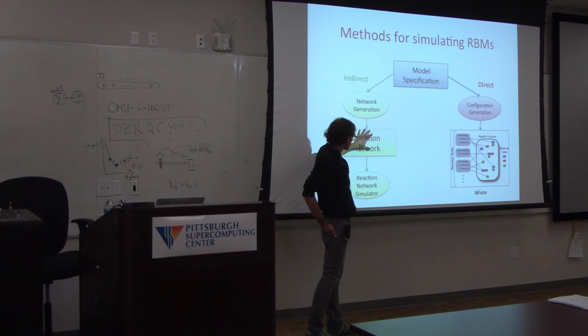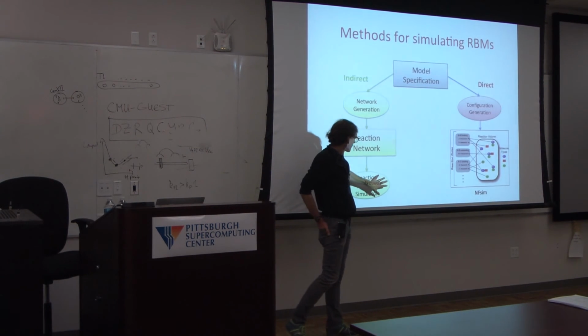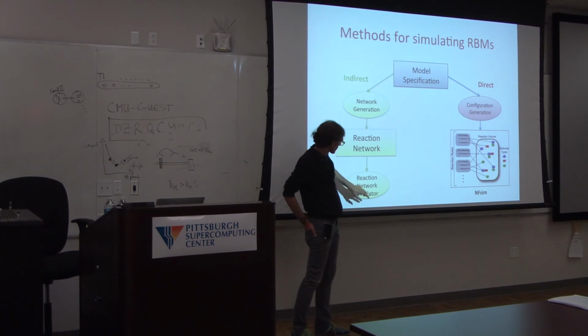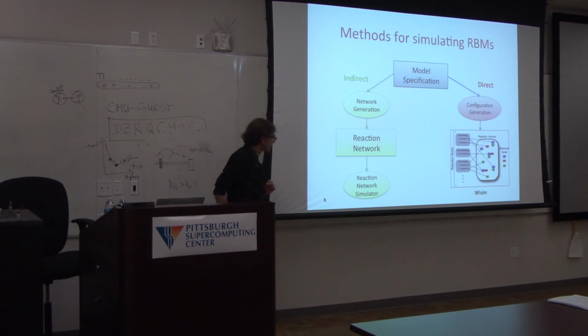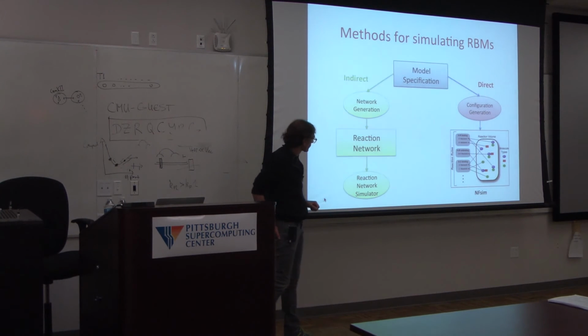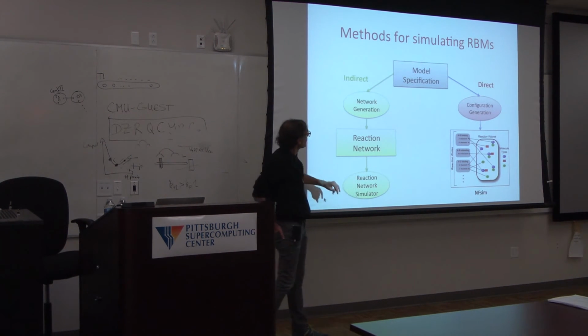And then we can simulate that in various ways, converting it to a set of ordinary differential equations. We could simulate that as a set of partial differential equations where we consider diffusion in space. We could simulate this using stochastic simulation methods, and we'll perform various kinds of simulations of generated networks in the lab.